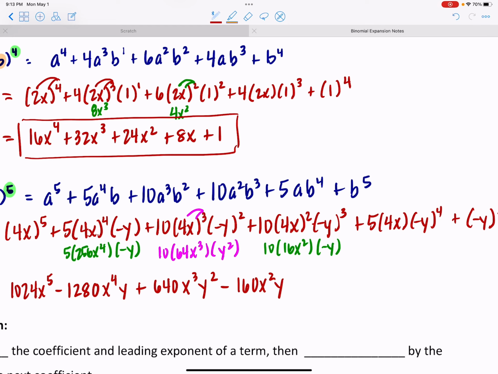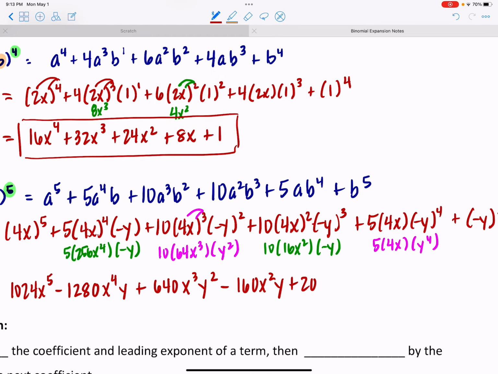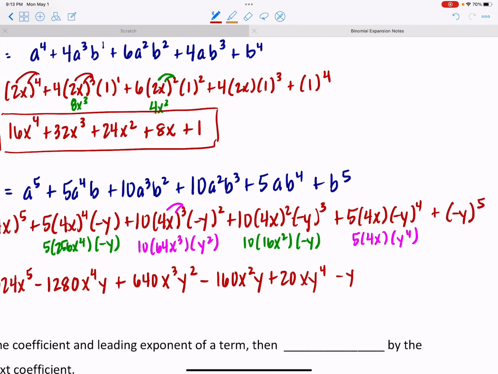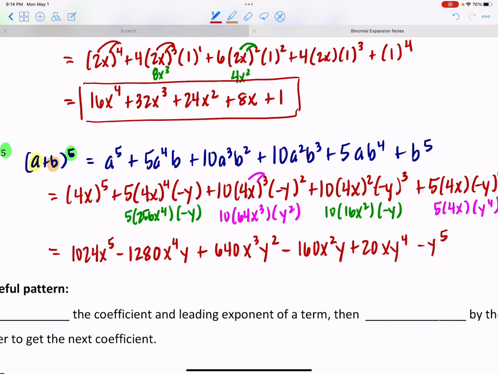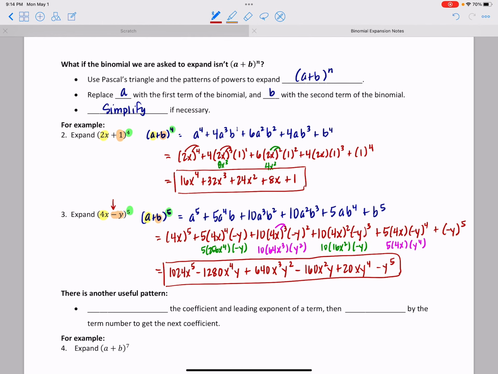And then over here, 5 times 4x, can't do much with that, but the negative y to the fourth becomes a positive y to the fourth. So 5 times 4 is going to be 20, so positive 20, and then again an x and a y to the fourth. And then lastly, we have negative y to the fifth power, which will just be negative y to the fifth power. And there it is, that is the expansion of 4x minus y to the fifth power.